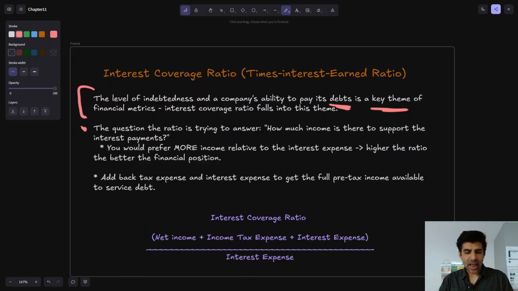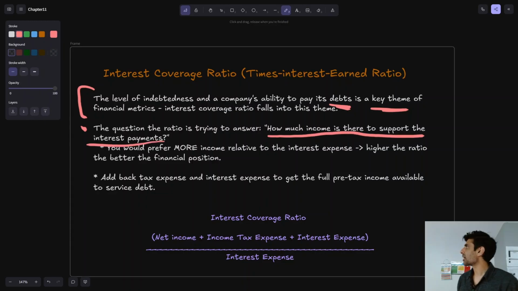What this ratio is trying to answer is how much income is there to support interest payments. So it's like if you have credit card debt of say $10,000, who do you feel better about if you had to lend another $10,000? Would you feel better about lending to someone who has $500,000 in earnings per year, or someone that earns $40,000 a year?